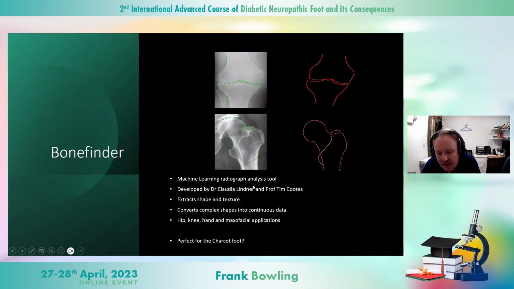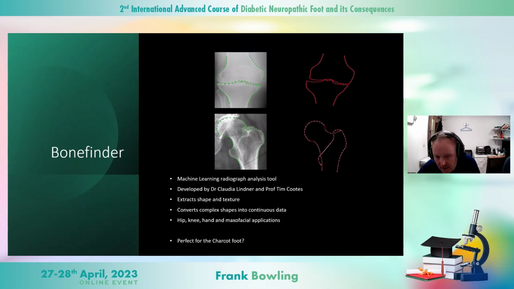So we've taken this idea from the computer science department, computer vision. This bone finder imaging map is pretty ubiquitous through maxillofacial surgery and through orthopedic surgery, looking at the morphological changes within what is perceived to be normal and what is perceived to be abnormal.